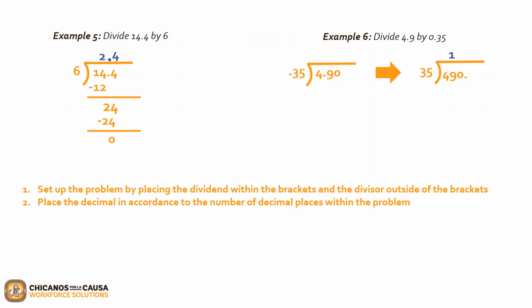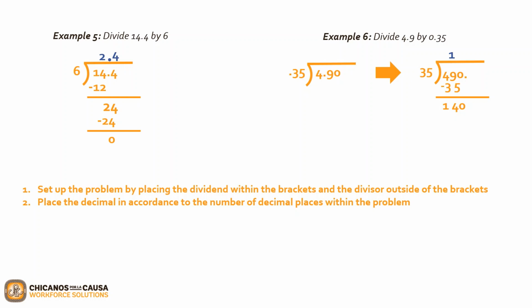So we know that 35 cannot get divided into 4, but it can get divided into 49 one time. So 35 times 1 gives us, of course, 35. We're going to subtract 35 from 49. This will give us 14.